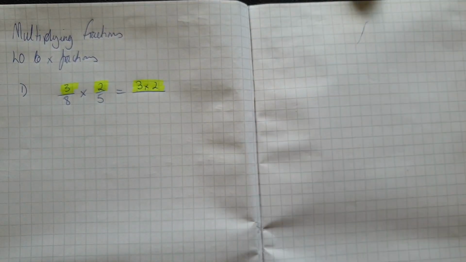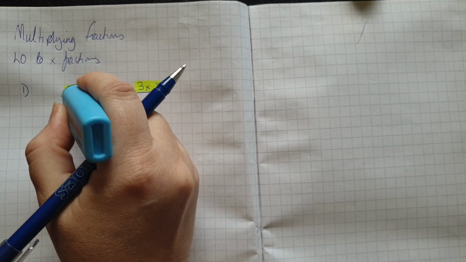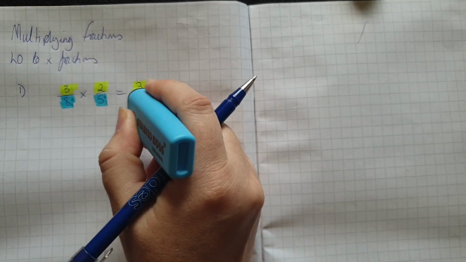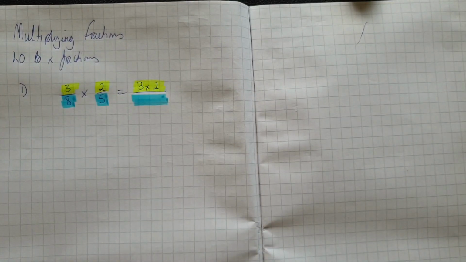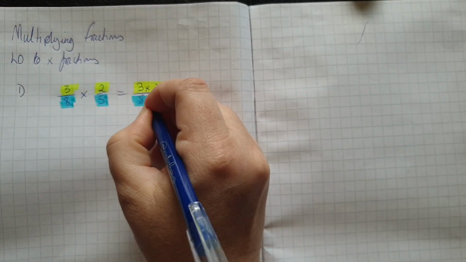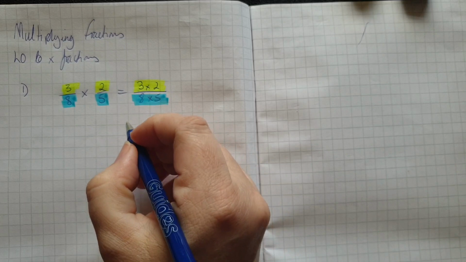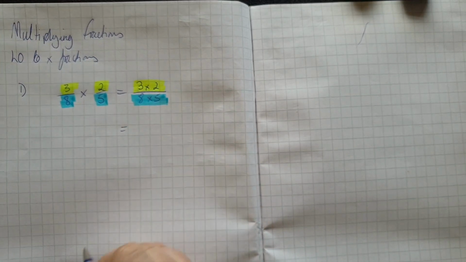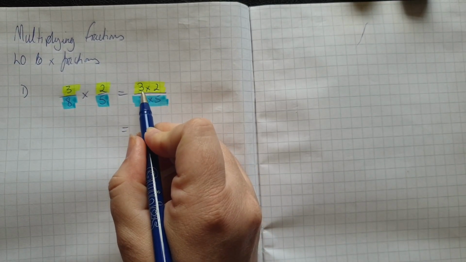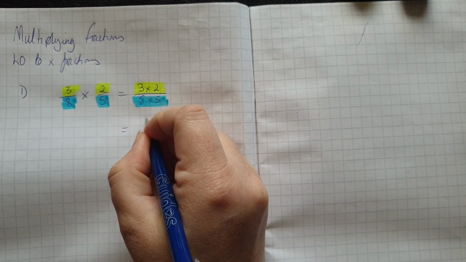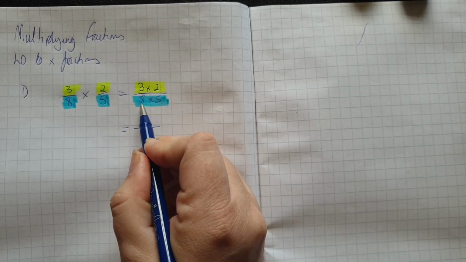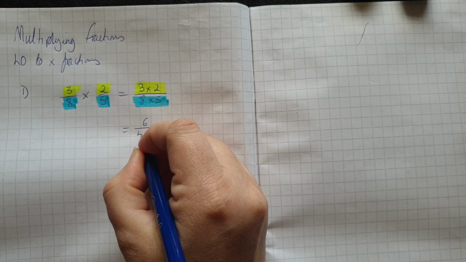You take your denominators and you multiply them together. It is that simple. So in this first example, we've got 3 times 2 is 6 over 8 times 5 is 40.